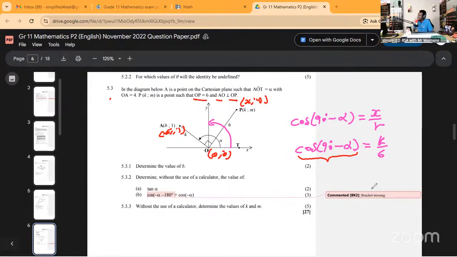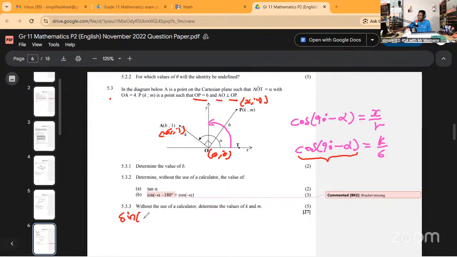I said something important which you don't have to forget regarding 90 degrees for cos and sine. Very important.